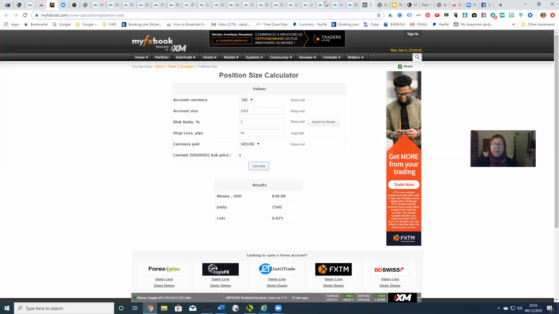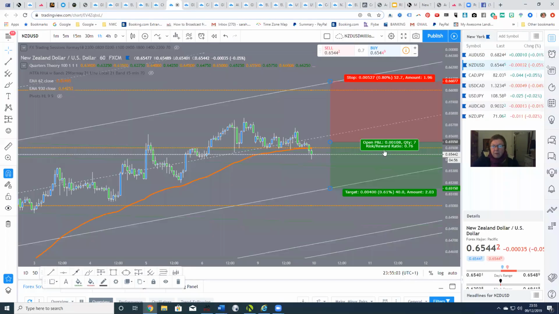And if you look back at our NZD USD, we had a risk to reward ratio of nearly 1. So that's about right. We're risking $30 to make $28. Yes, it's definitely $28, because it's nearly a 1-to-1 risk to reward. Right. So we know we're risking 3%.